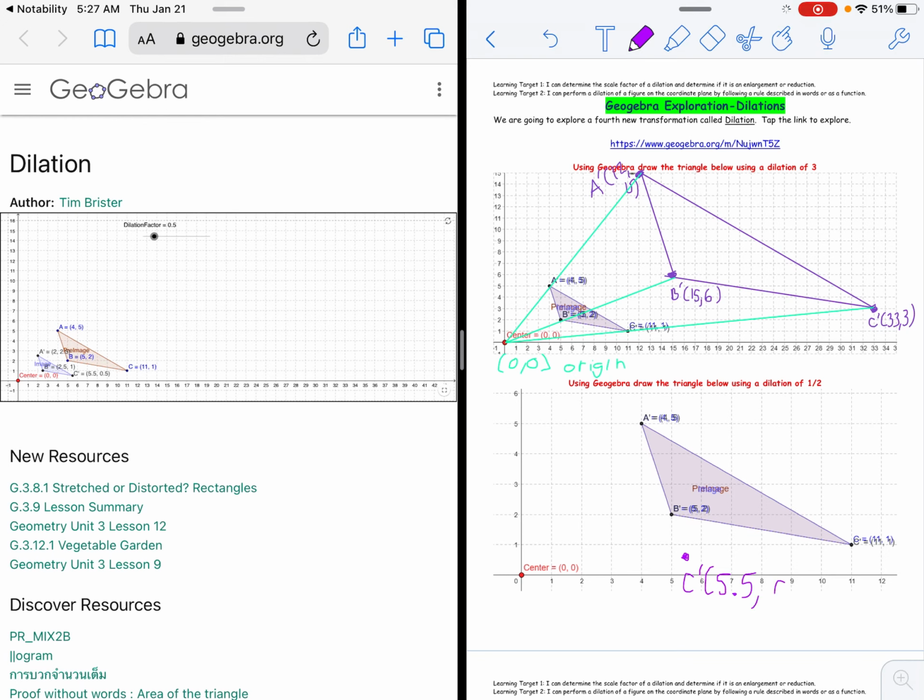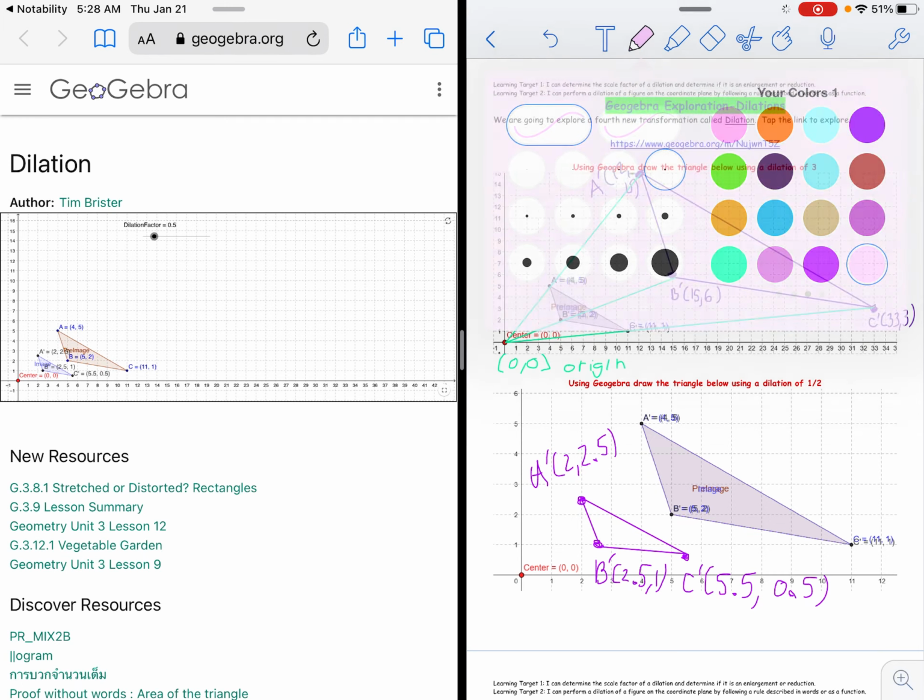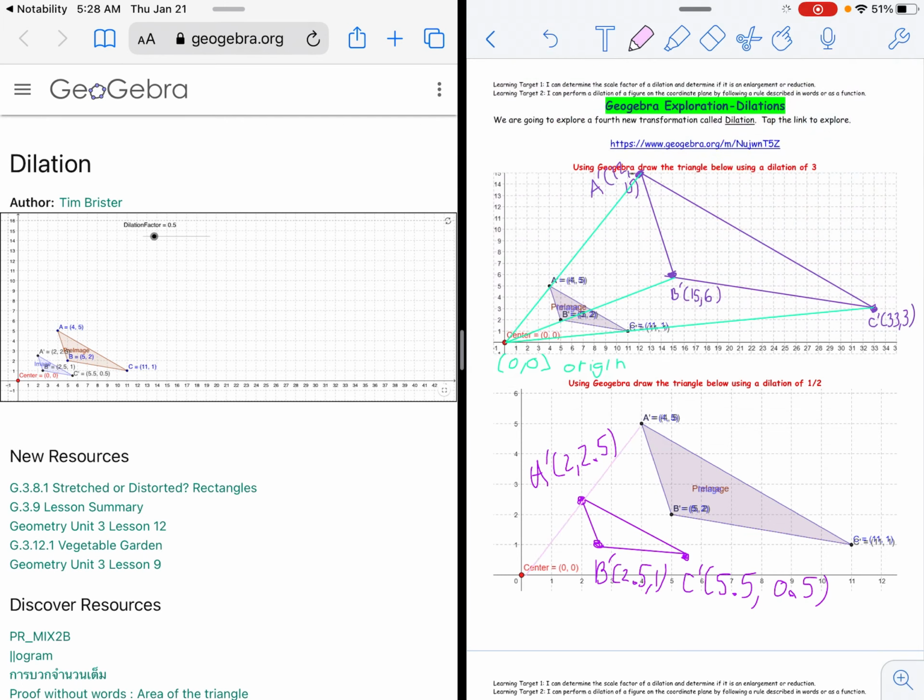B is at 2.5, 1, and A is at 2.5. Then just to emphasize things, it's pretty cool how it all converges back to the center again.